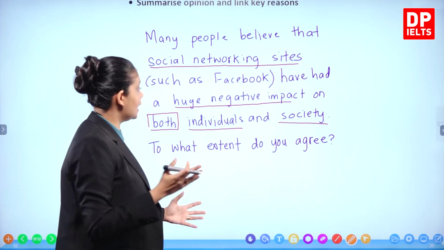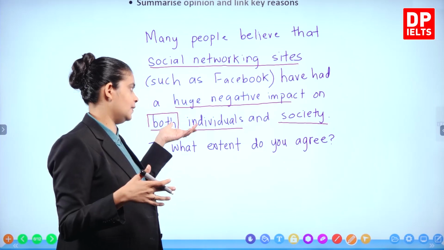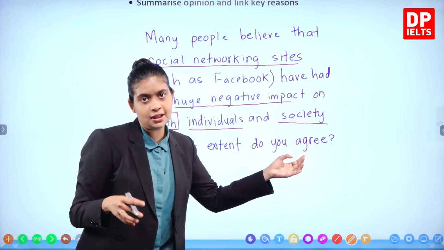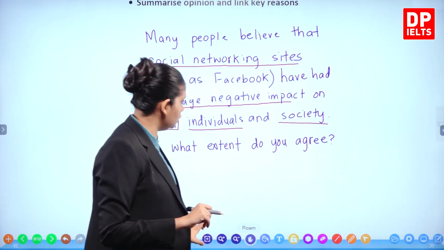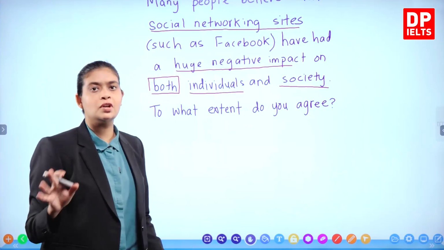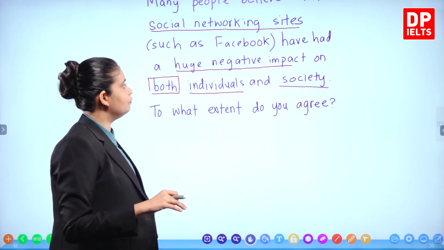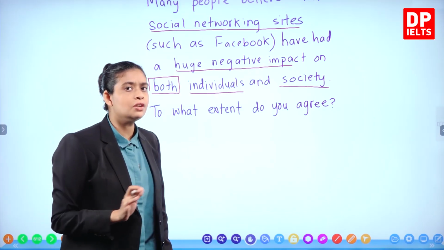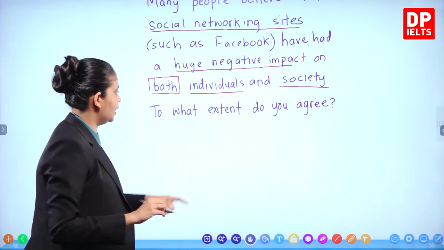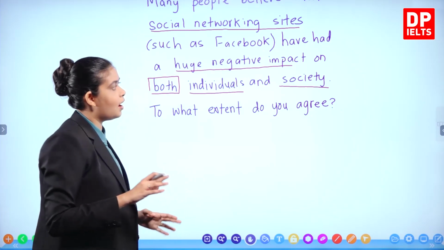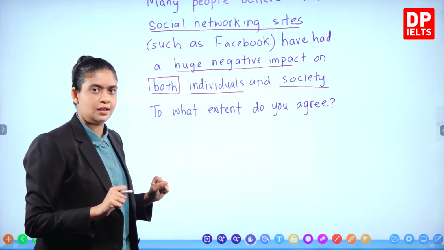So you can say yes, you completely agree that it has a huge negative impact on individuals and society, or you could have a balanced view. Let me show you how to structure this balanced view. So you can say, no, I don't agree that it's bad for the individuals, okay? But I agree, yes, it is bad for the society.